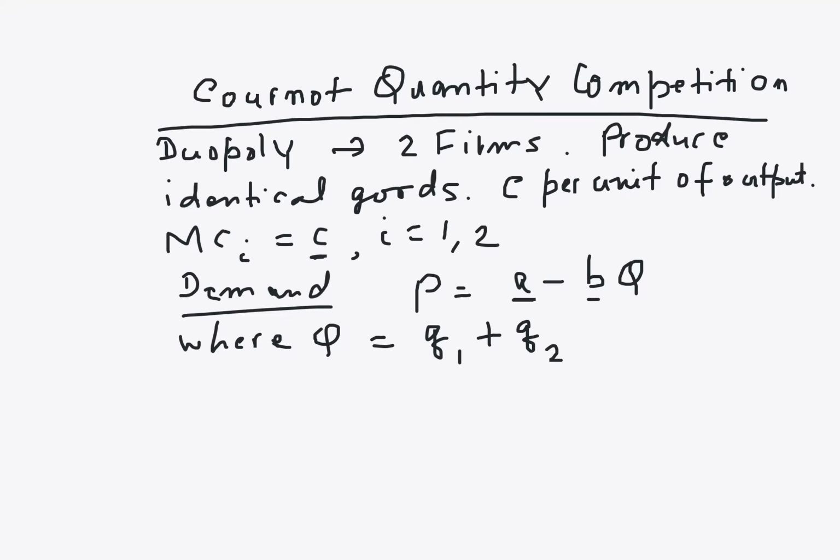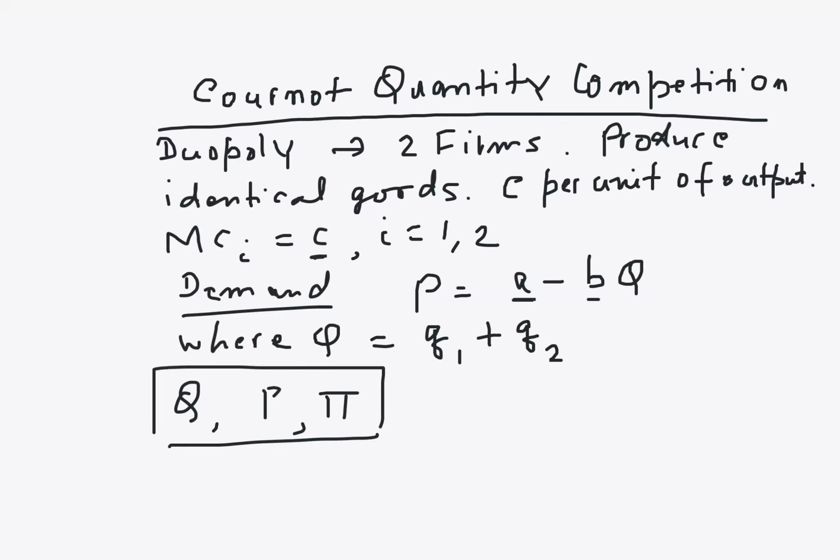Now, given these assumptions and this market demand curve, we are going to solve for equilibrium quantity Q, equilibrium price P, and also the profit in the industry. Since there are just two firms, industry profit is the sum of the profit made by the two firms, right? So profit of firm 1 plus profit of firm 2 is equal to industry profit.